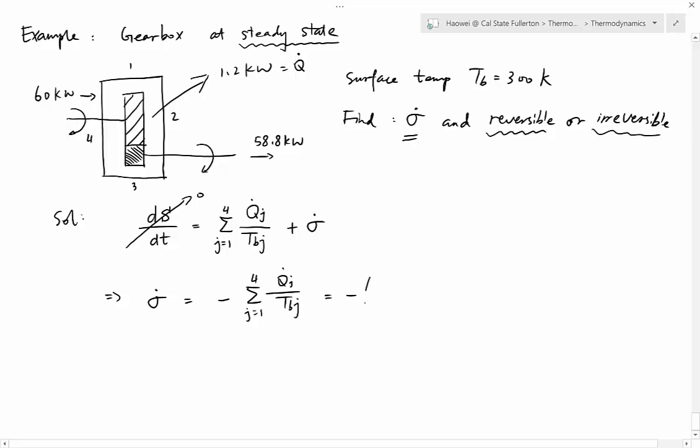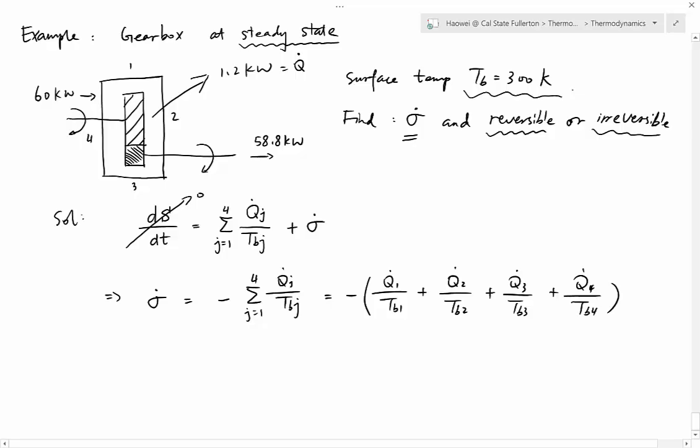Okay, let's continue. The first term will be q dot 1 over Tb1. Second one is q dot 2 over Tb2 plus q dot 3 over Tb3 plus q dot 4 over Tb4. 4 terms in total. And now what do we know about Tb? Tb is constant.